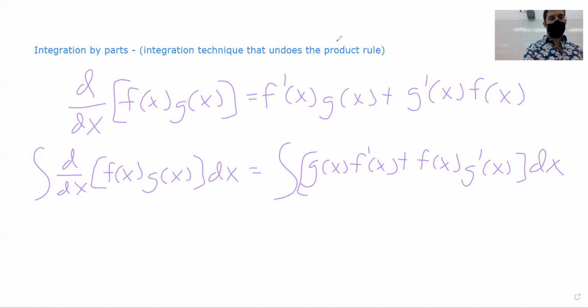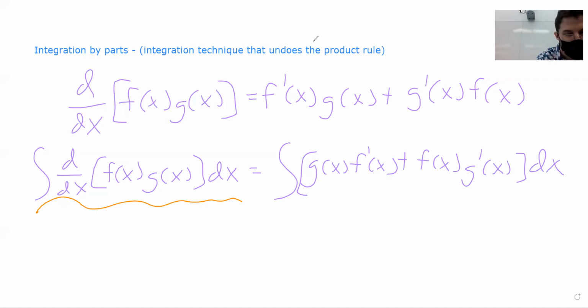Now, what's going to happen over on the left side of this equation? I'm taking a derivative, then right afterwards, taking an integral. So the integral and the derivative are going to cancel one another.